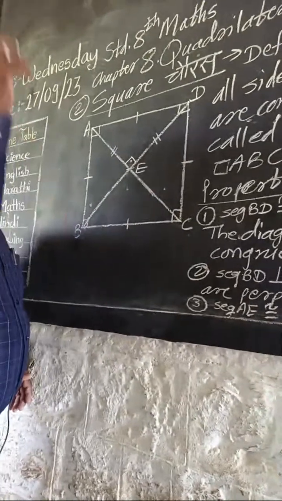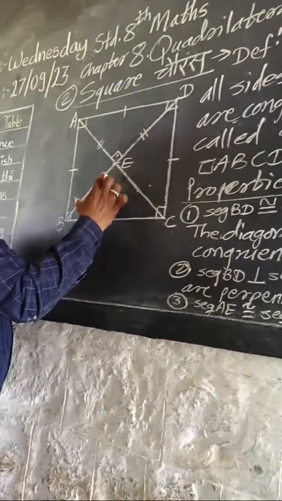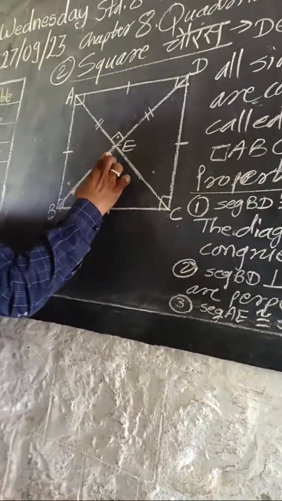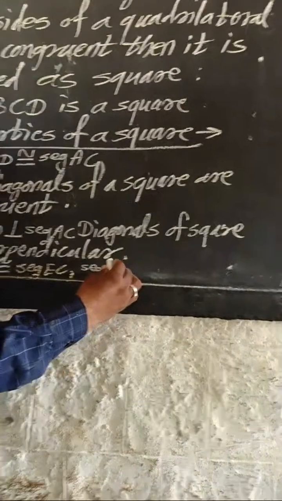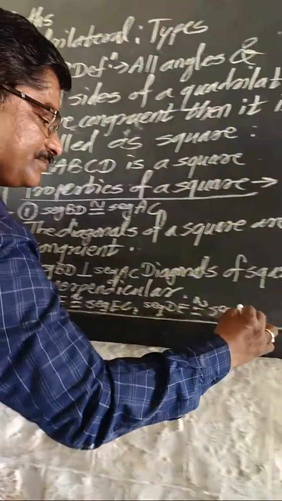Segment DE is congruent to segment EB, good.